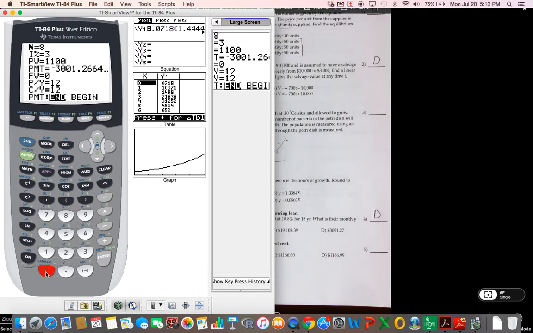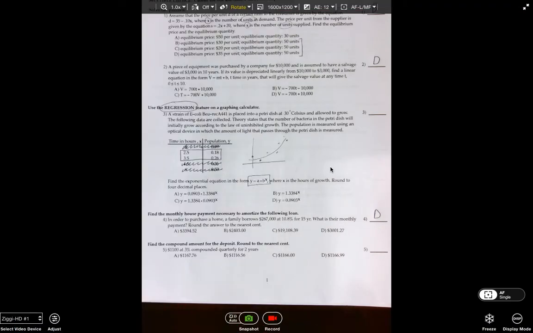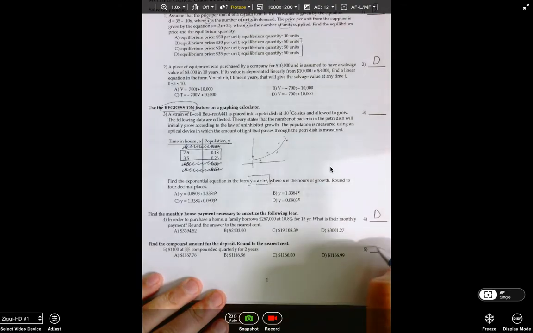We didn't add anything else to it. We want to calculate our future value, but our PY and CY has to be 4. Future value, therefore, is 1167.76. So 1167.76 would be A.